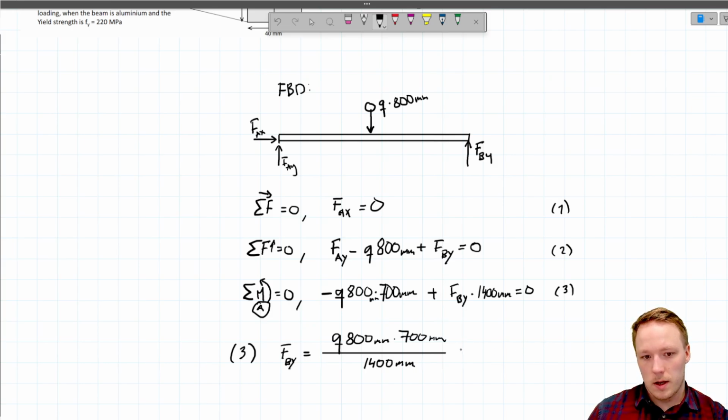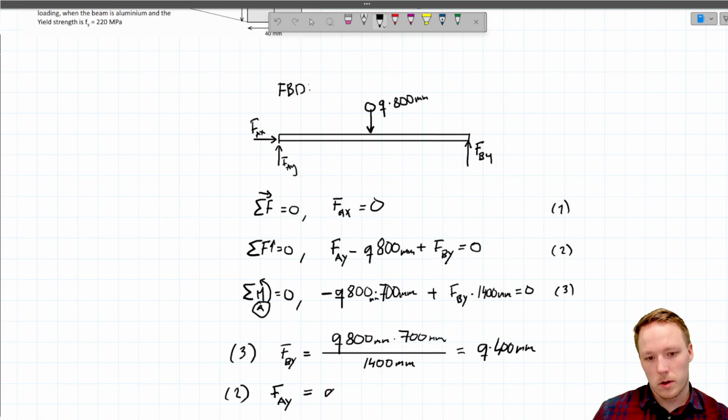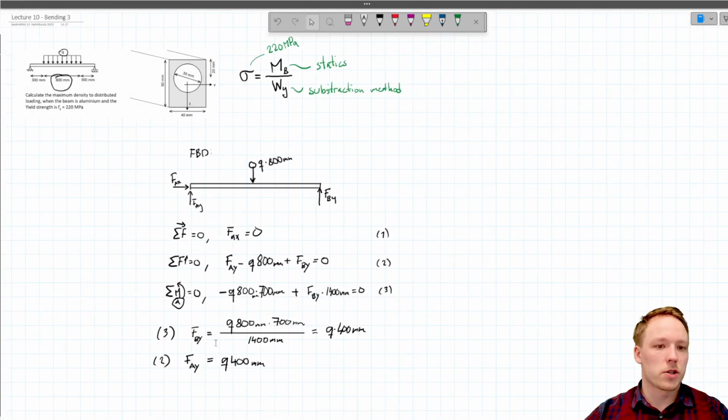So FBY is Q times 400. Well, from equation 2 we can now solve that FAY equals Q times 400. So now we have solved all the loads, all the reaction forces here.